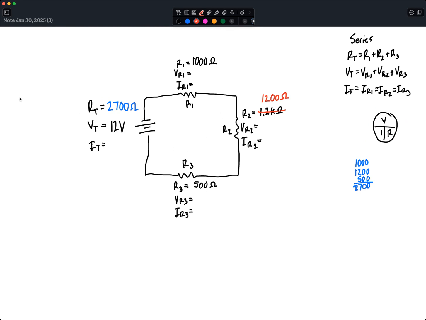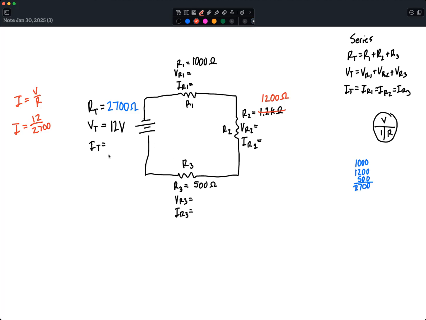We're going to say I equals V over R. I equals 12 over 2,700. I'm doing it with you.